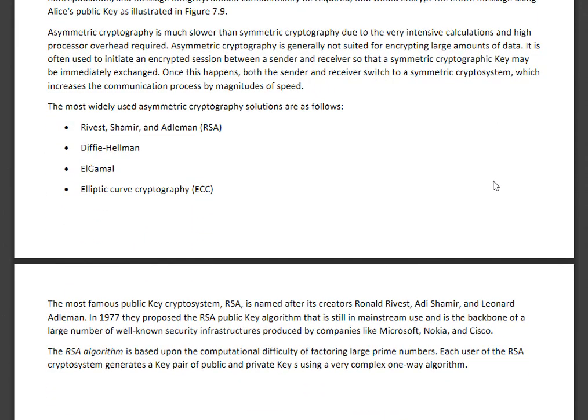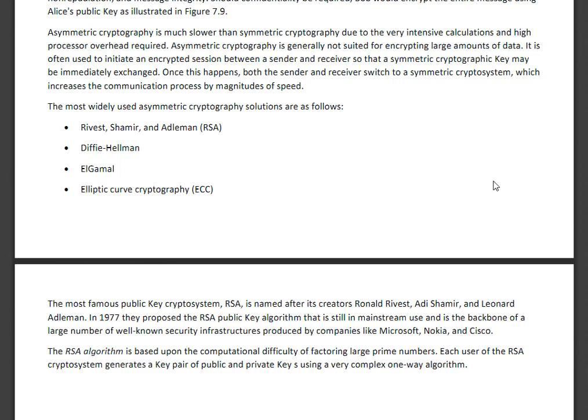The most famous of these is RSA, still in use today, and it was developed all the way back in 1977. It still has mainstream use. So understand that the RSA algorithm is based upon the computational difficulty of factoring large prime numbers. A lot of math. It's all about math.